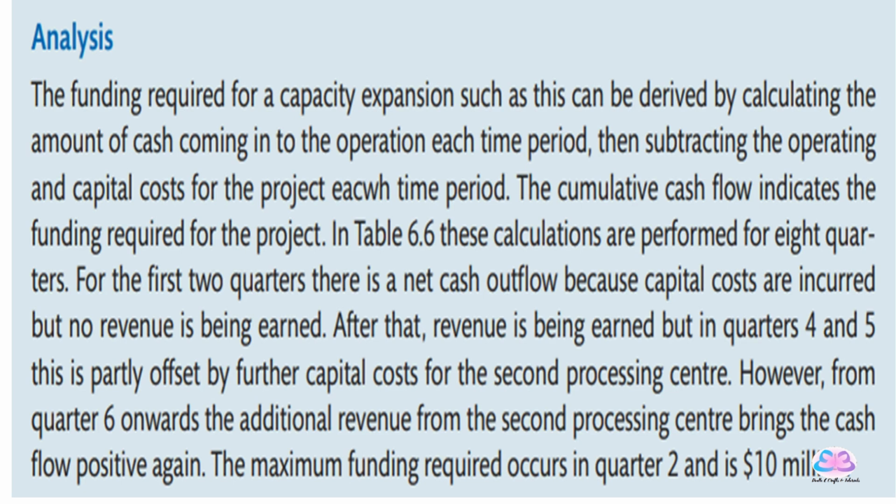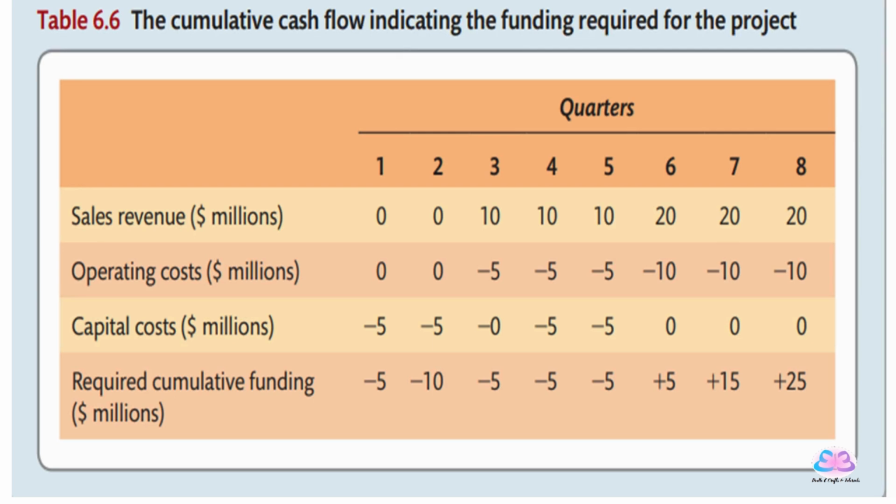However, from quarter 6 onwards, the additional revenue from the second processing center brings the cash flow positive again. The maximum funding required occurs in quarter 2 and is $10 million. Now, this is the table of the analysis that I read earlier.